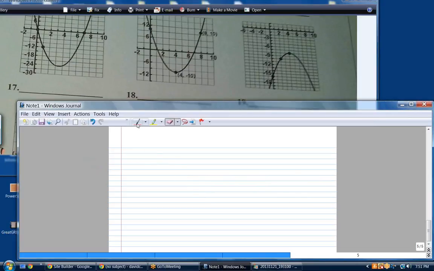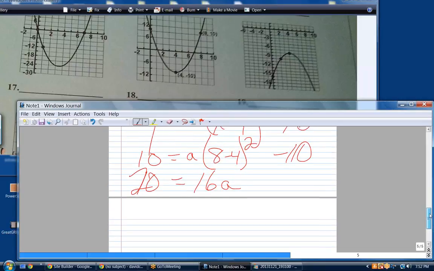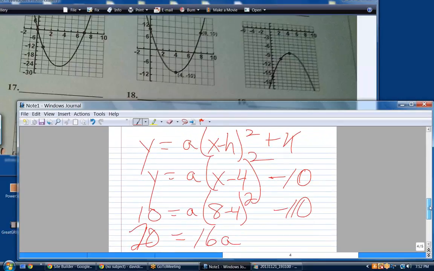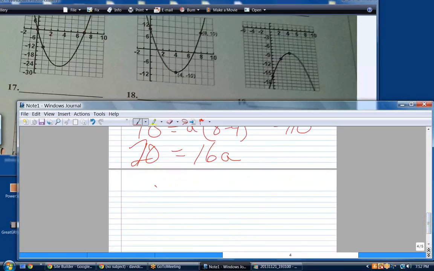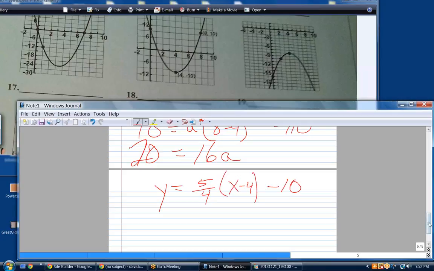Okay? Can we convert that into standard form? Sure. Y equals 5/4 x minus 4 minus 10.